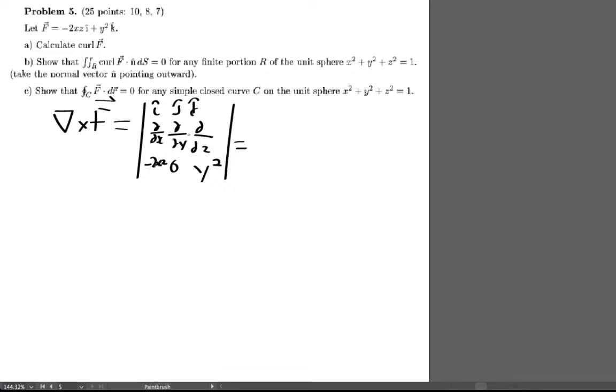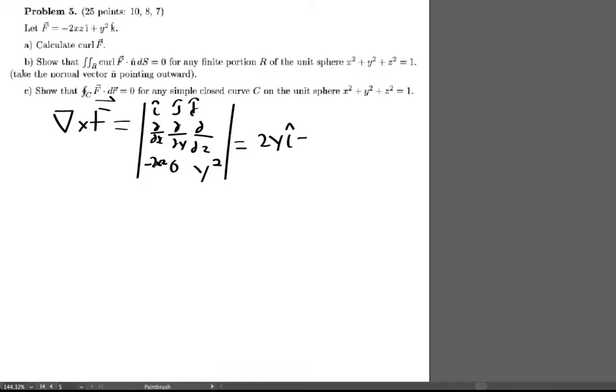So you first go ahead and compute the value of the i hat, which in this case, when you just cross it, is the partial derivative of y squared with respect to y. That means it's going to be 2y. Subtract that by the partial derivative of 0 in terms of z, that's 0. So that means it's only 2y i hat.